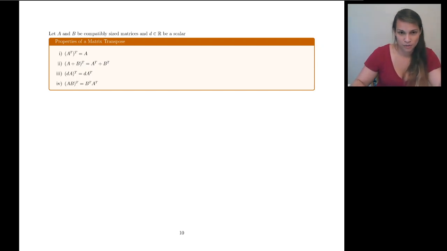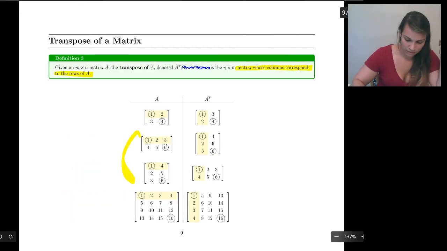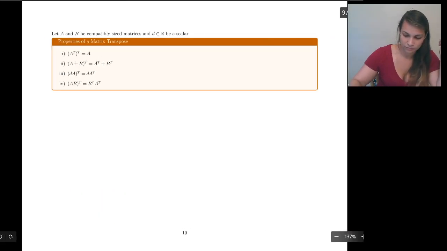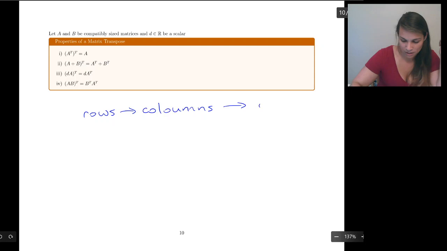So the transpose of a transpose is going to be equal to A. That's because, just like we saw in these examples, rows go to columns. And then those columns get mapped back to rows.